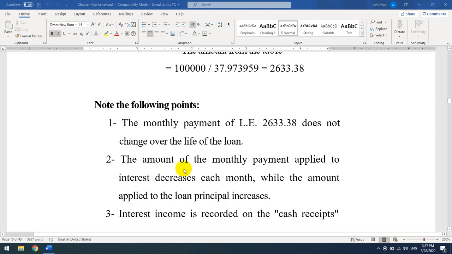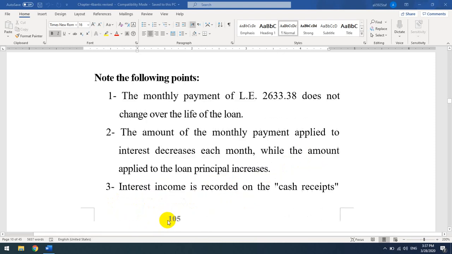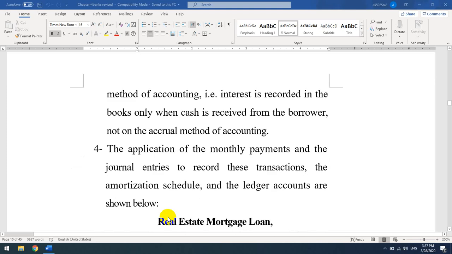Number 2, the amount of the monthly payment applied to interest decreases each month, while the amount applied to the loan principal increases. Number 3, interest income is recorded on the cash receipts. In this case, we will not make an accrual journal entry.